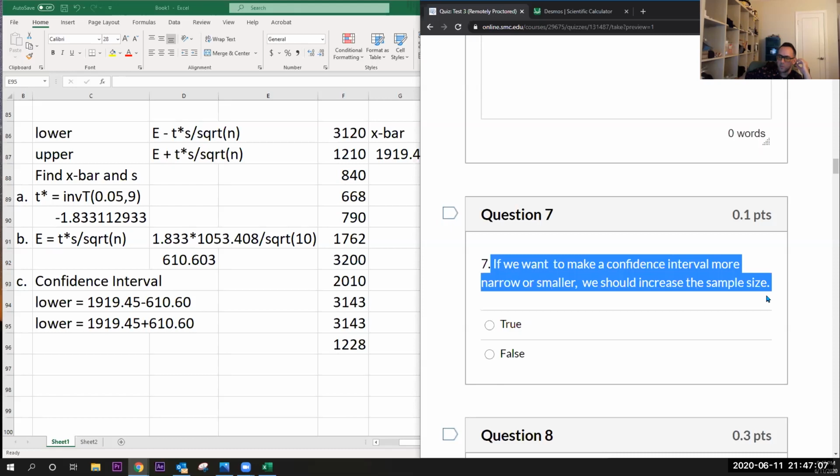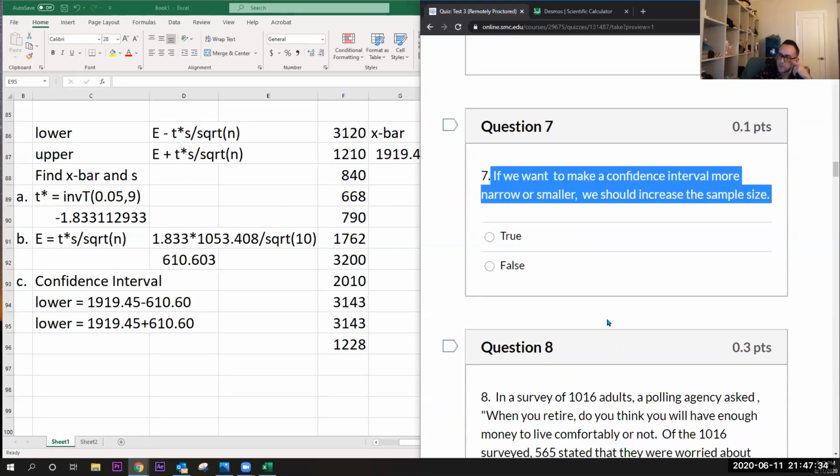If we want to make a confidence interval more narrow, to make it more accurate, we should increase the sample size. Shouldn't we increase it so we have more information so it will be more accurate? Yeah, so it'll be more narrow, right? So true? Yeah, I think so. Yeah, true.